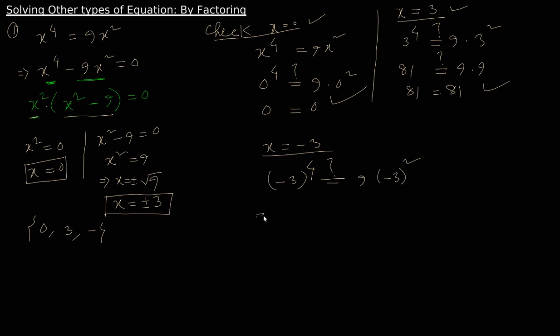Again, negative 3 power 4 is positive 81, and 9 times negative 3 square is 9 times positive 9. So it is actually 81 equals 81. So this is also correct. So the final solution to this problem is 0, 3, negative 3. Okay, so these are my three solutions for this particular problem.